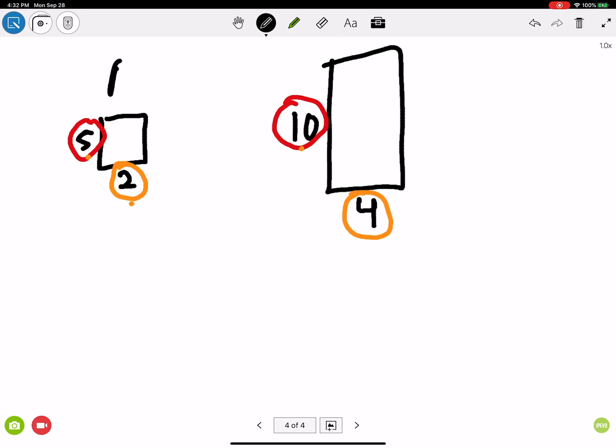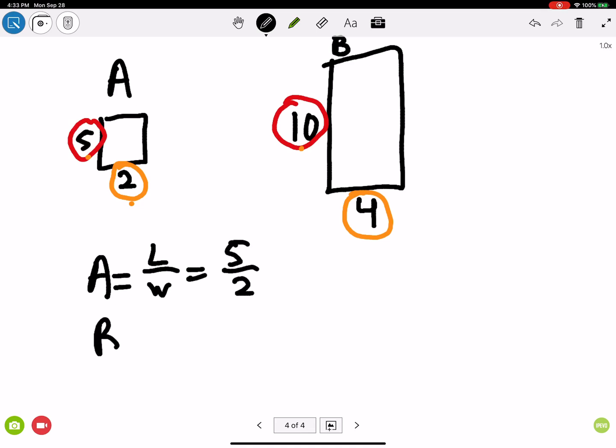So if I call this box A and I call this box B, the ratio of my sides, my length over my width, let's say 5 is my length and 2 is my width for A, and in B, my length over my width is 10 over 4.